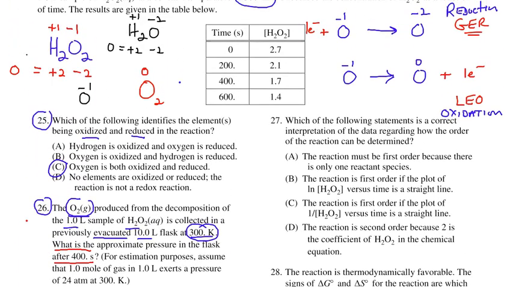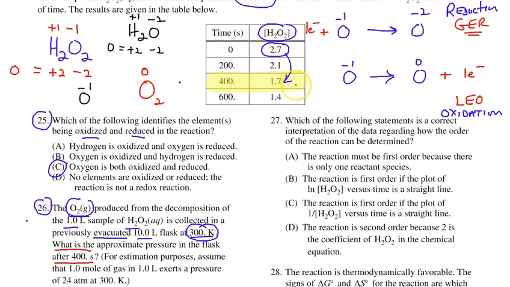So when I go to 400 seconds, what I see is that there is 1.7 concentration left of my hydrogen peroxide. Now it started at 2.7 and it went down to 1.7 after 400 seconds. So we can clearly see, I know we don't have a calculator, but the math is easy to find out how much changed.